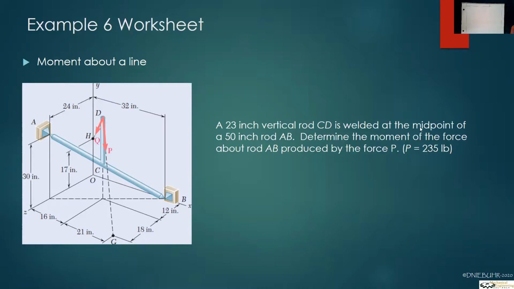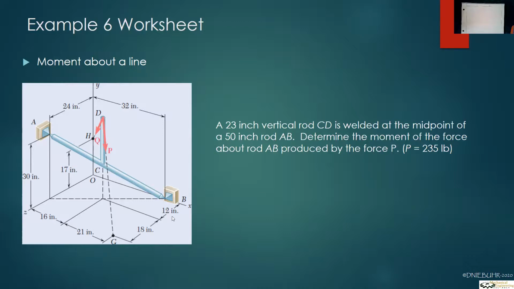And then it's welded to the midpoint of a 50-inch rod AB. So this is going to be a similar triangle. If it's 30 inches on this end and 0 on that end, then in the middle, this height here should be what, if it's halfway in between? You're going to need that plus that to get the total height here.